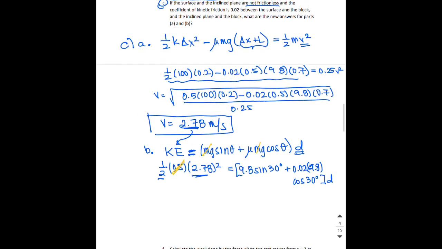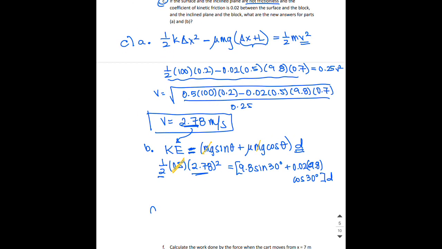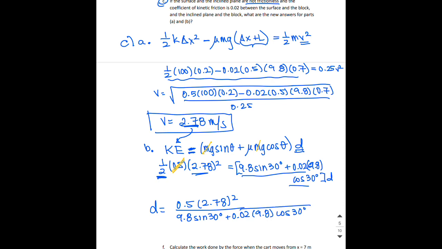And since I want to solve for d, I am just going to set d equal to 0.5 times 2.78 squared divided by this whole expression right here, 9.8 sine of 30 plus 0.02 times 9.8 cos of 30, and hopefully we get a distance of around 0.79. The answer key says 0.76, but with a little bit of rounding error, it should be around that number value.